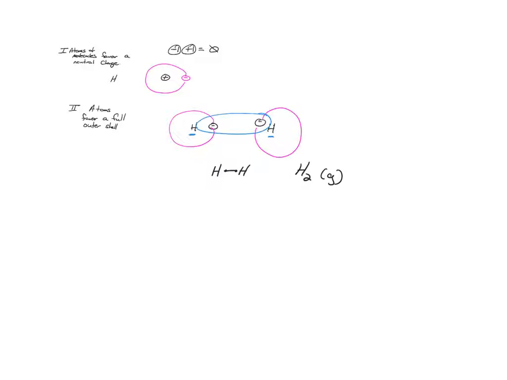Now, this sharing is called covalent bonding. These two share those electrons, everybody's happy. These two atoms are both happy.